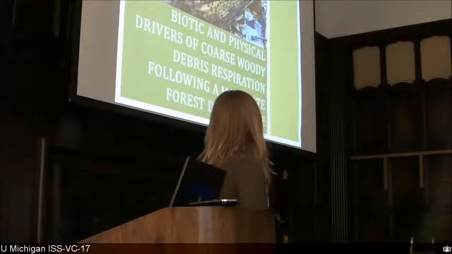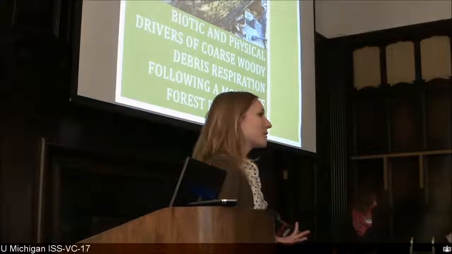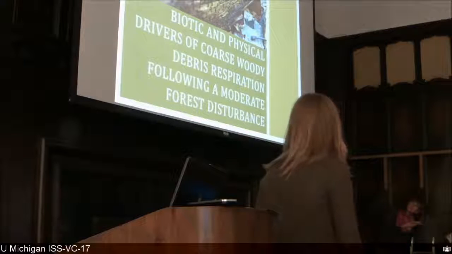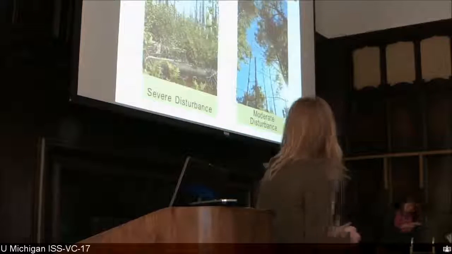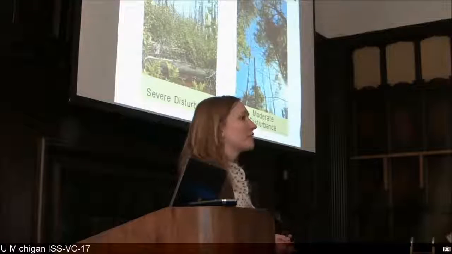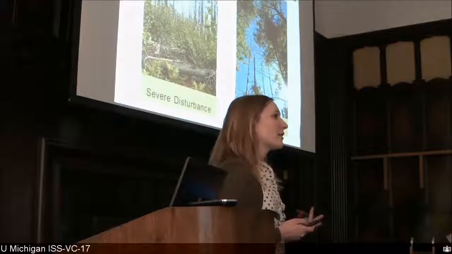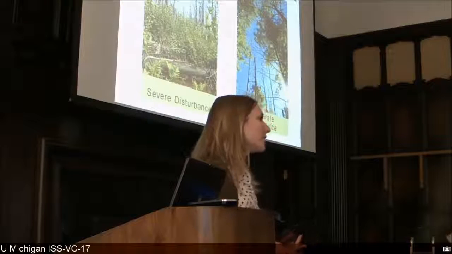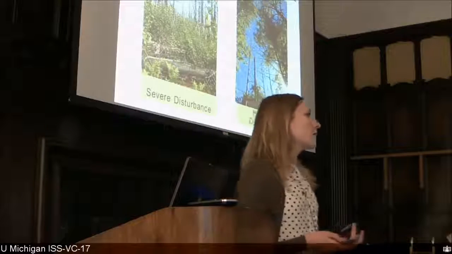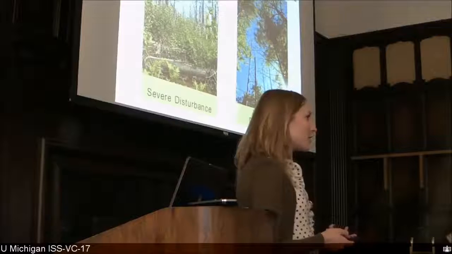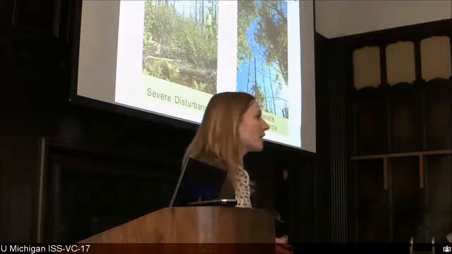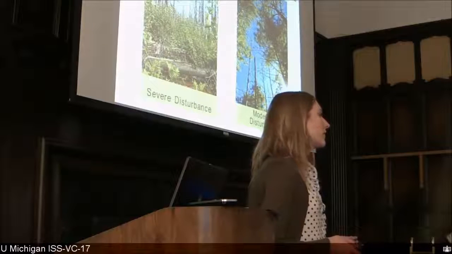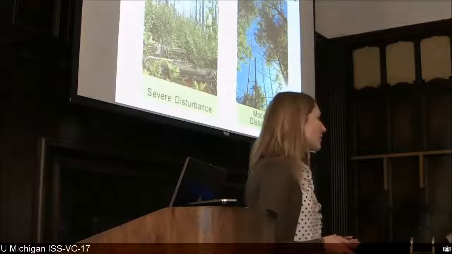Okay, so I'm looking at factors that drive coarse woody debris respiration after a moderate forest disturbance. A forest disturbance is just anything that results in tree mortality within the forest, and it's usually categorized into two groups. The first would be a severe disturbance, and these are usually catastrophic events that result in mortality in all or most of the trees.